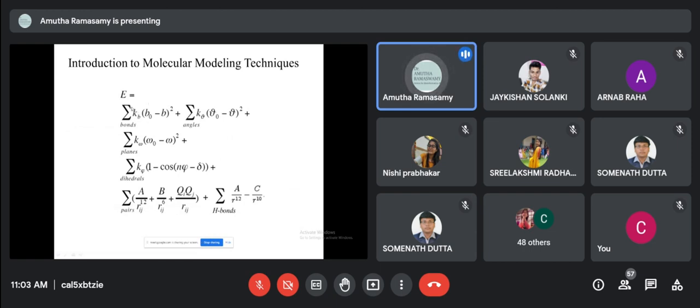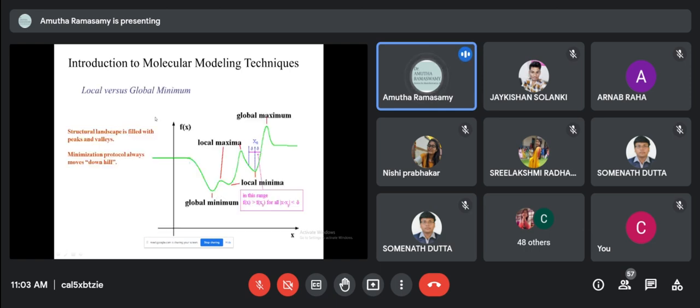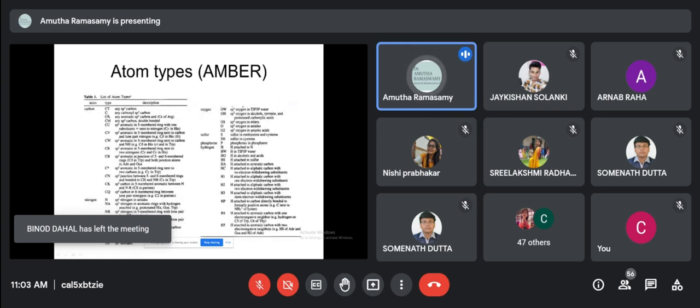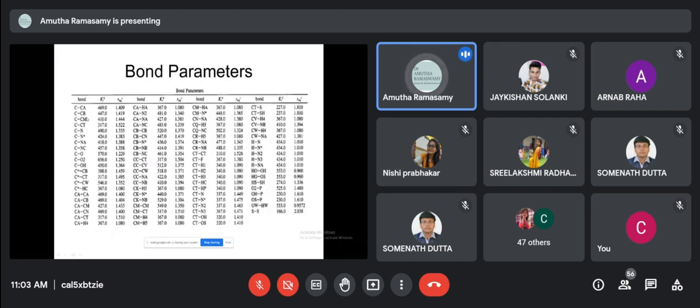When there is a force field for this bond, you have to have a force constant and the standard B. So let us come here and see the bond. For example, when this C interacts with Ca and this C interacts with Cc, you can find Ca, Cd, Cm, terminal carbon, Cn, nitrogen.